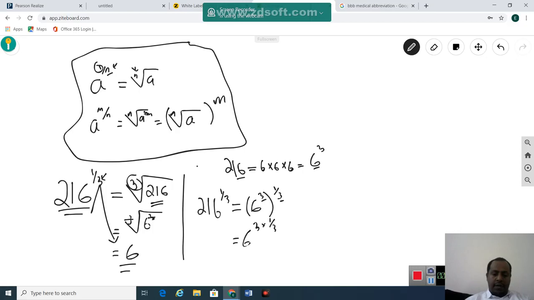Multiplying these two numbers, you get 1, since 3 by 3 cancels out. Therefore, this is equal to 6. So you can simplify rational exponent without converting to radical expressions. So we saw two ways of simplifying rational expression.